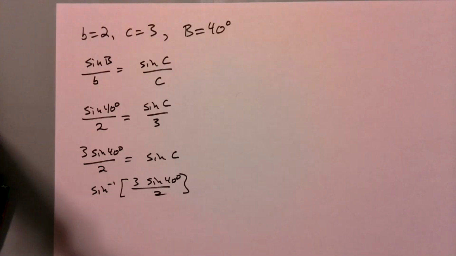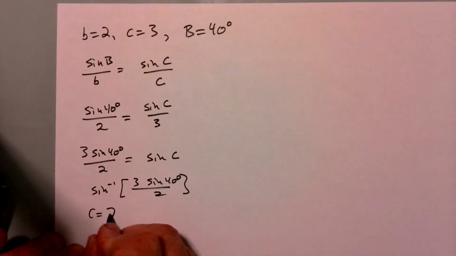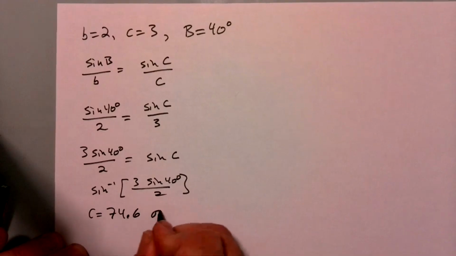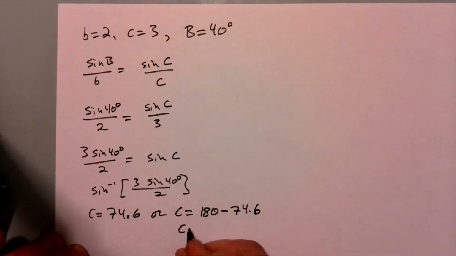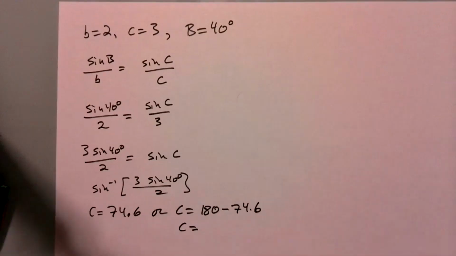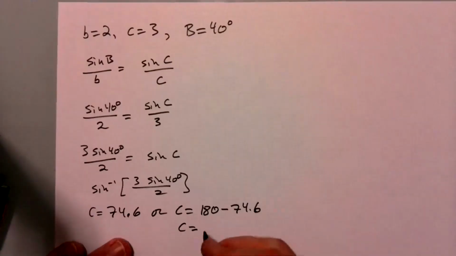And I get about 74.6 degrees. So I could say C is 74.6 degrees, or C is 180 minus 74.6 degrees, which is how much? 180 minus 74.6 is 105.4.